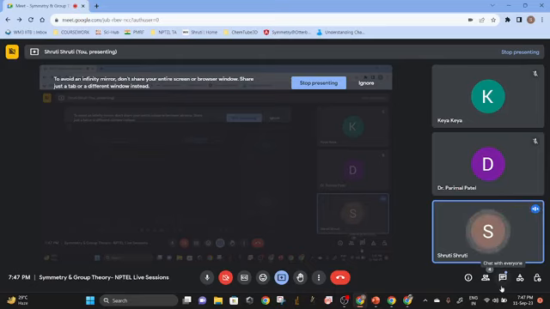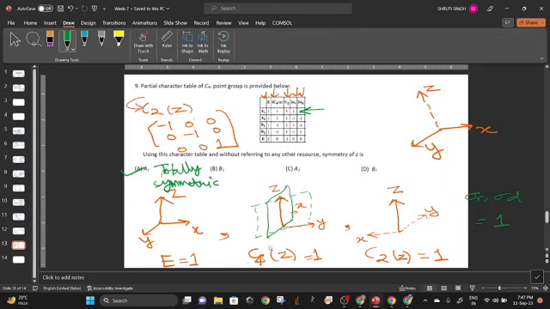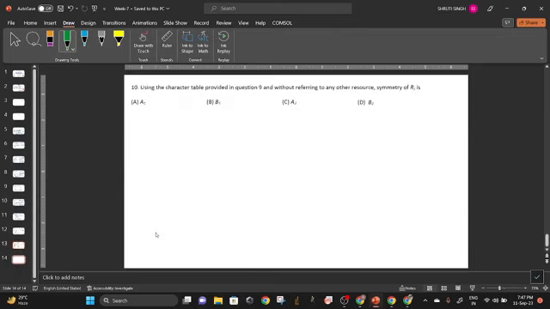And that will definitely be somewhere in the character table. Okay, so the next question is the same thing, but here instead of z we have Rz. Rz means rotation along the z direction.